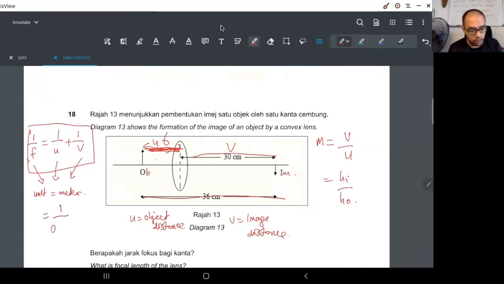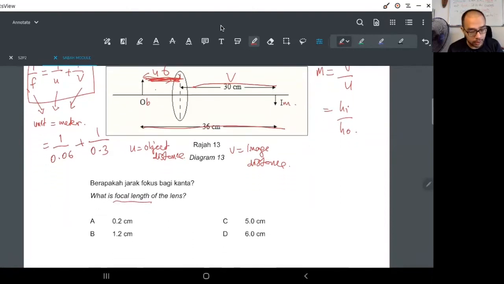So 1 over 0.06 plus 1 over 0.3. Change it to meters. What you will get is 20, so 1 over F equals 20. Therefore F equals 0.05 meters, and only then you change it to 5 cm.